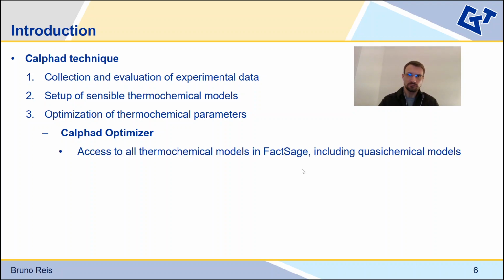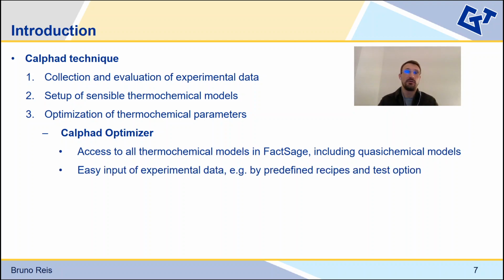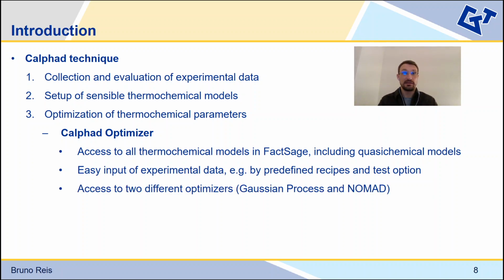For example, you have access to all thermochemical models in FactSage, including quasi-chemical models. You have easy input of experimental data, for example, with predefined recipes and the test option. And there's access to different optimizers, two of them, the Gaussian process and the normal optimizer.